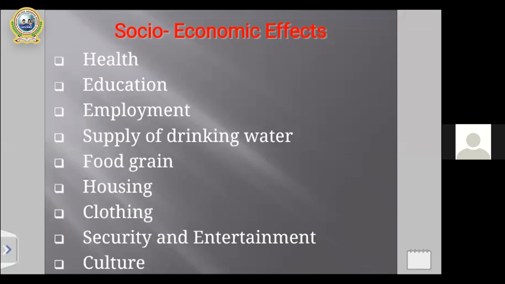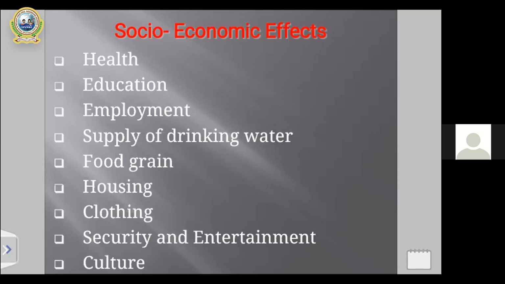Rapid population growth creates a lack of opportunities, and because of that, people develop a negative mind and negative attitudes, and they start to commit crimes in the society, and that creates the loss of security. So rapid population growth rate also adversely affects security and entertainment.